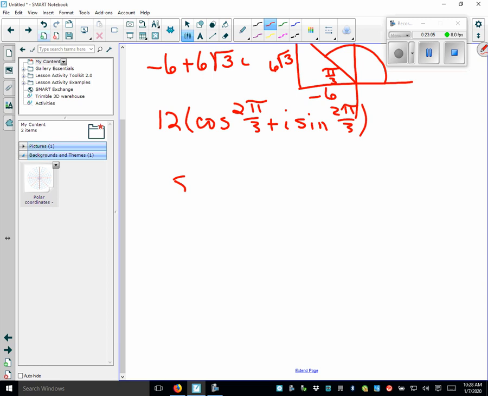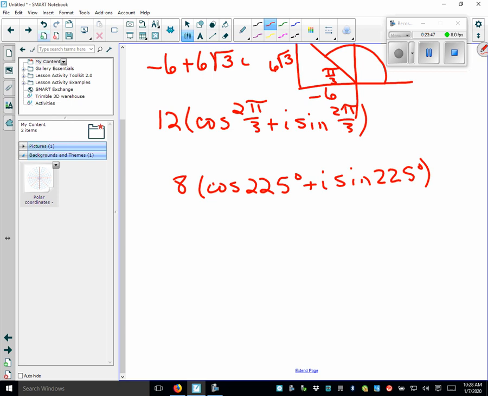And I have this. What quadrant is it in?